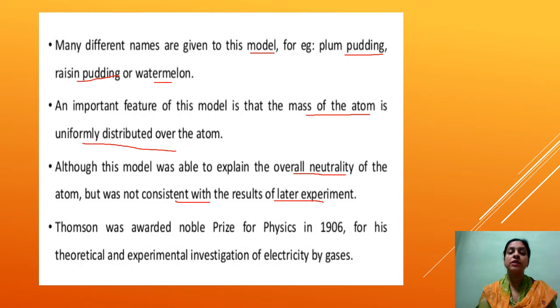Thomson was awarded the Nobel Prize for Physics in 1906 for his theoretical and experimental investigation of the conduction of electricity by gases. But yes, this model was not up to the mark.